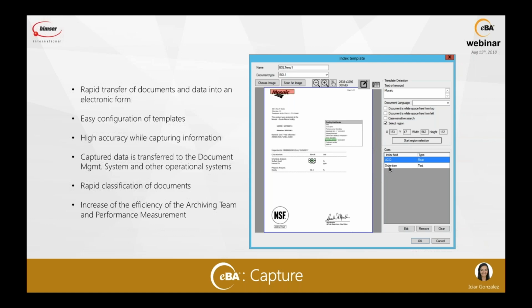We are going to be linking the original document to a form, and that way we can easily look in terms of those 2 fields that we are capturing. So I'll show you how we can configure a template to capture one of these invoices or delivery notes, anything, and you'll see how we can transfer all of that information into eBA.